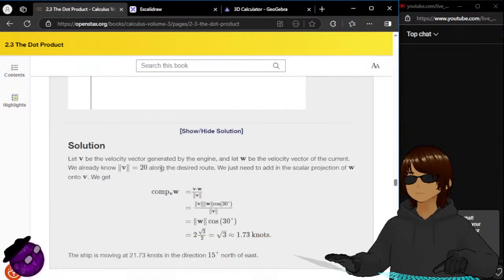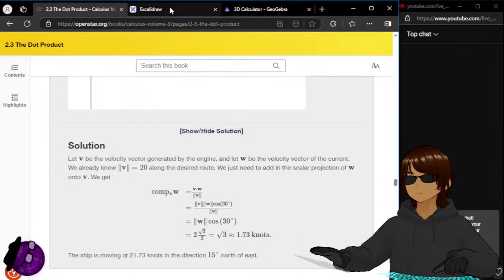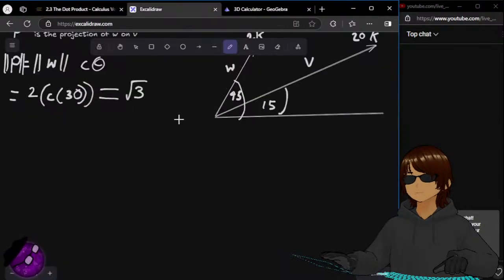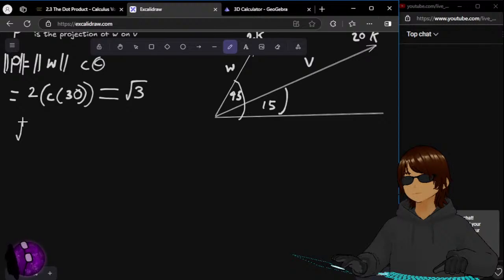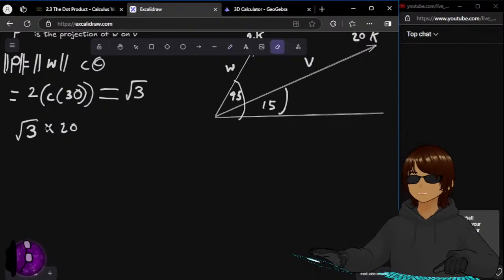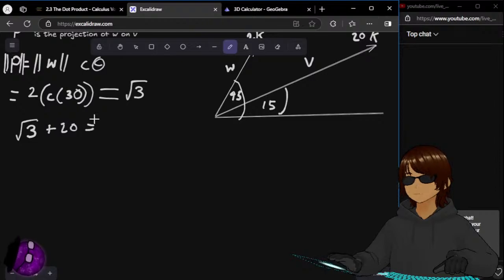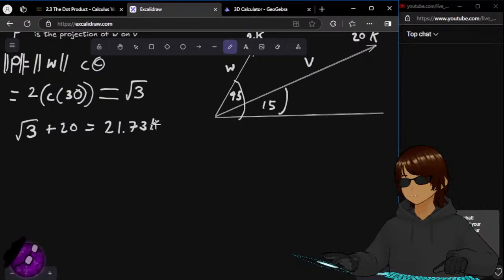Yeah. Plus... 121.73 knots in the V direction.